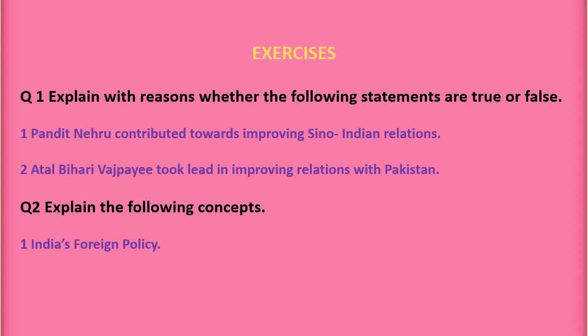Now, question number 2. Explain the concept of India's foreign policy. And the answer is, India got independence in the year 1947, and from then onwards, India started shaping its foreign policy independently. According to Article 51 of the Constitution, among the directive principles of state policy, it lays down the broad framework for the foreign policy.